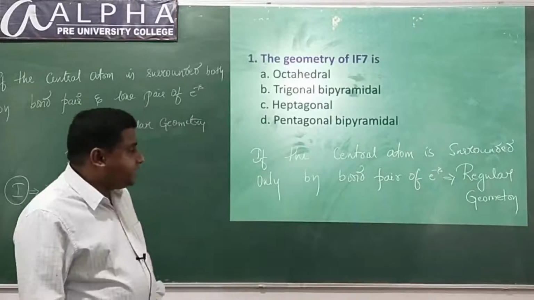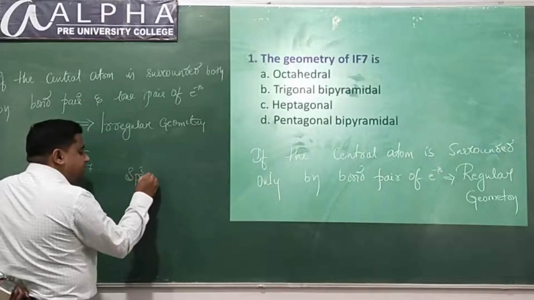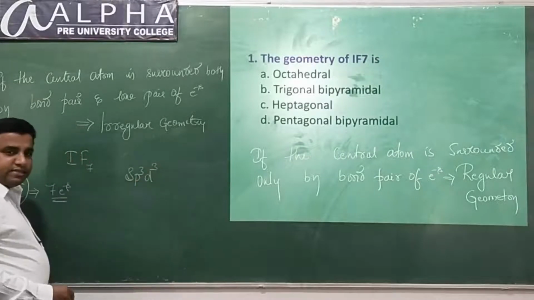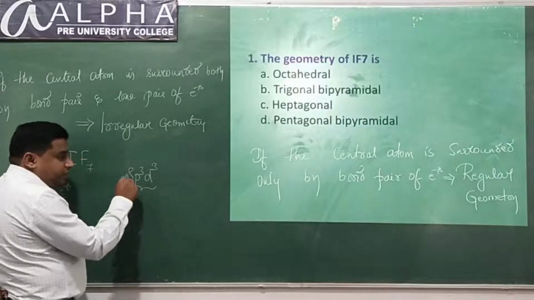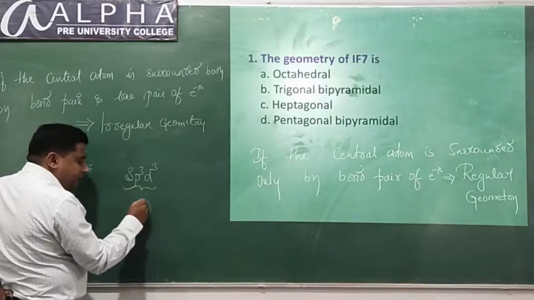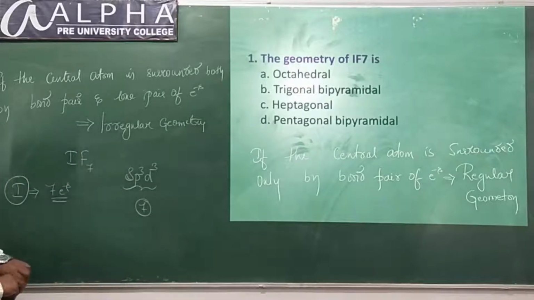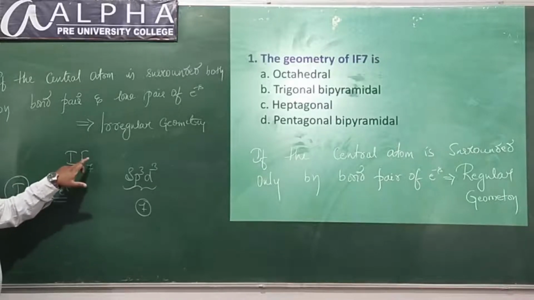If you consider sp3d3 hybridization, how many hybrid orbitals will be there? 7 hybrid orbitals. Look here, iodine is forming 7 bonds with fluorine, isn't it?